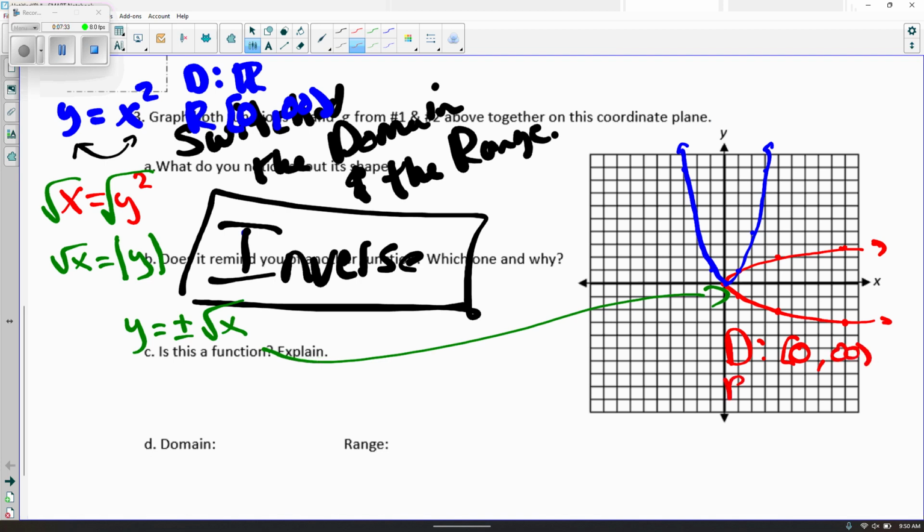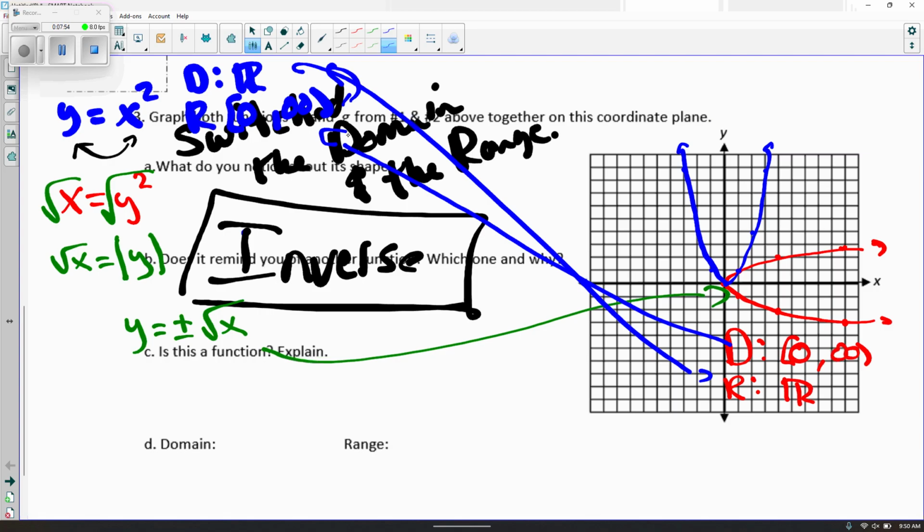Infinity. And what's my range? All real numbers. So again, I told you we were switching our domain and range. Take a look. That domain is now the range, and the range is now the domain. Okay? So they actually do switch locations. So domain and range is switching.